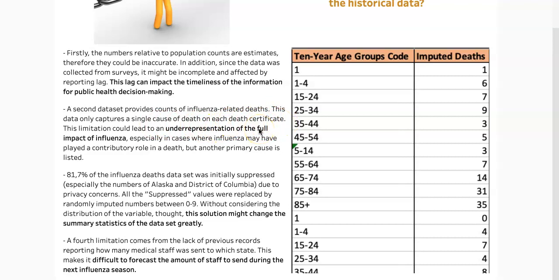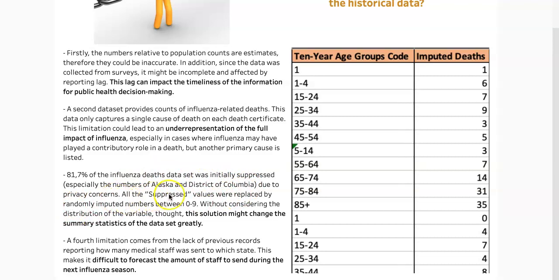And this can potentially lead to underlooked cases where influenza played a contributory role, but another primary cause was listed on the death certificate. In addition, a very big percentage of this dataset was initially suppressed because of privacy concerns.